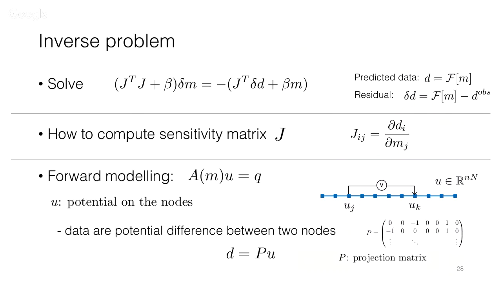So in order to get the data, we need a projection matrix that transfers the field from what we've solved for to the actual data. In this case, it's a potential difference. So that means our projection matrix is going to be like a 1 and a minus 1, depending on where you go.